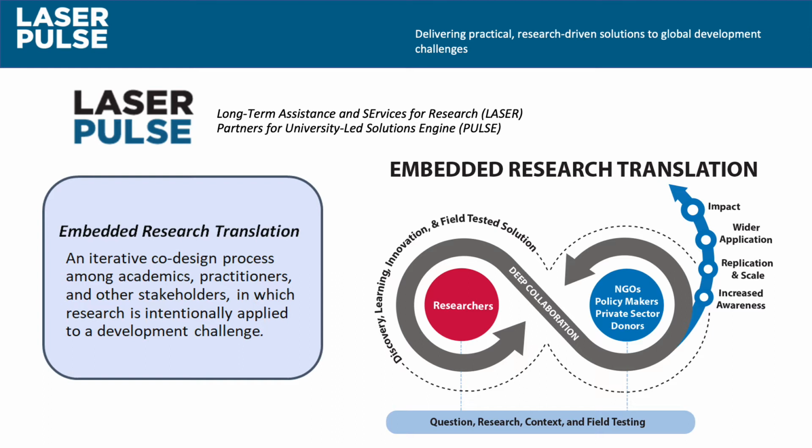Once the team has established a field-tested solution, they can then engage other, sometimes new partners in dissemination. These steps, shown in the right side of the figure, include increased awareness, replication and scale of the solution, wider application, and eventually large-scale impact.